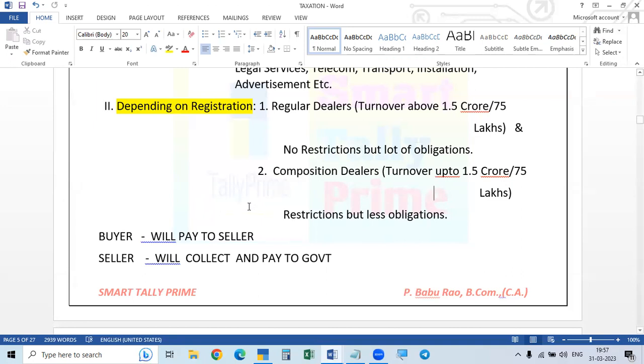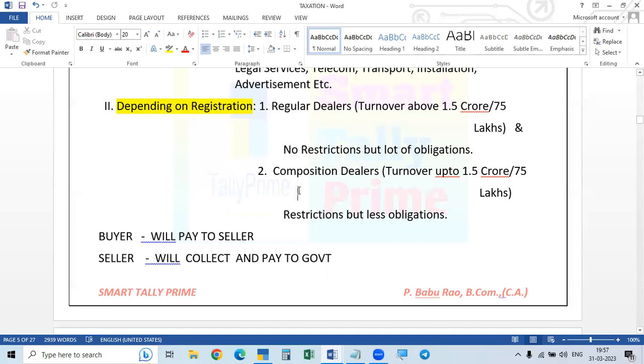The second one under the composition scheme is restaurants not serving liquor. If they serve liquor, they cannot be composite dealers. Only if they don't serve liquor can they be composite dealers. So restaurants not serving liquor have to pay 5%.